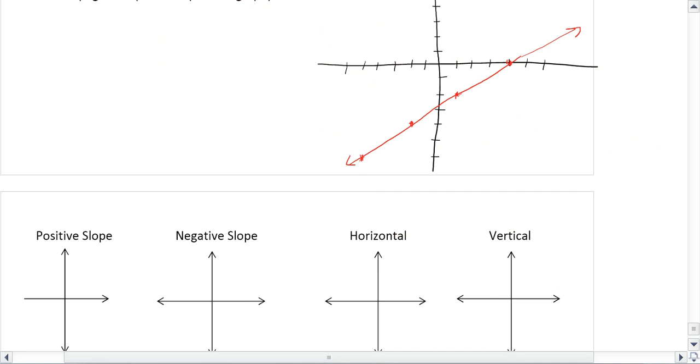Another way we need to be able to find the slope of a line is simply by counting it. Now this diagram is not fabulous for showing the intersections on graph paper because I don't have all the lines for the grid drawn on here. But what I'm trying to show you is that you look for intersections in the graph.